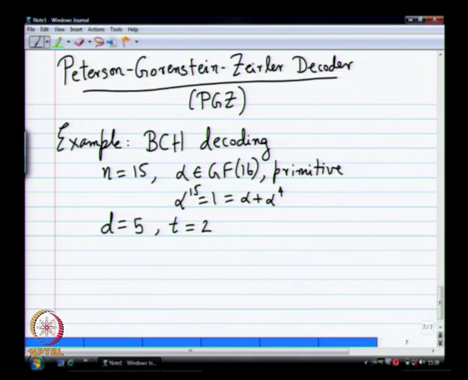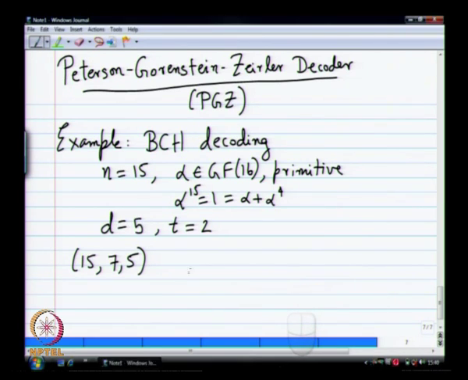We saw this before. What are the 3 parameters? 15, 11, and 3 was for the single error correcting code. For this one it is 15, 7 and 5, right? You remember this code?